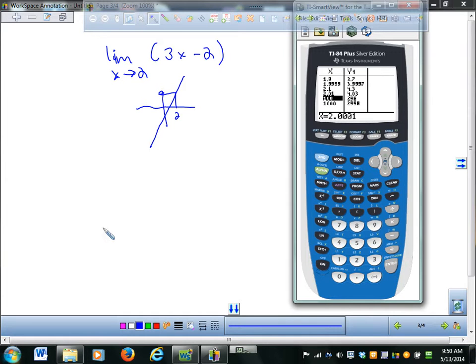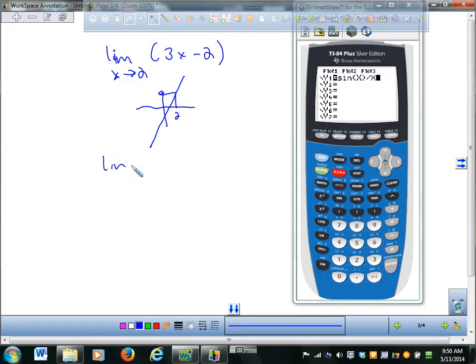For instance, what if I want to look at the function y equals sine of x divided by x, and I want to find the limit of this?